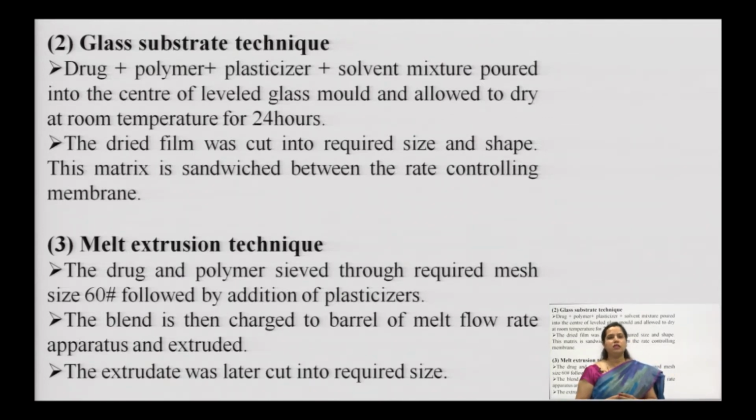The blend is then charged to the barrel of the melt flow rate apparatus and extruded. Basically, this is done using the melt extrusion apparatus, and after this we get the desired shape of the Ocusert. The extrudate is later cut into the required size.